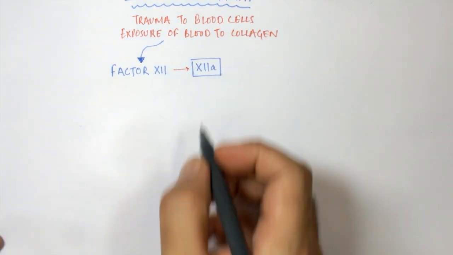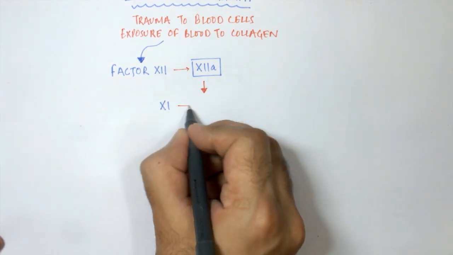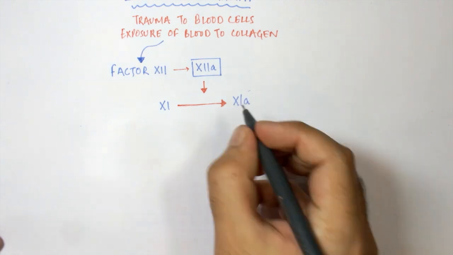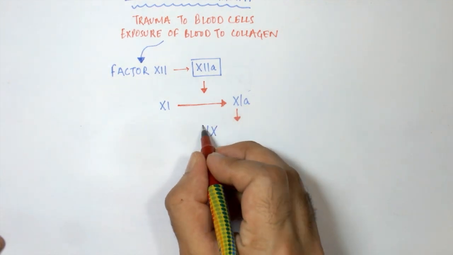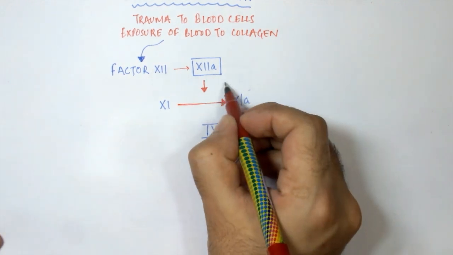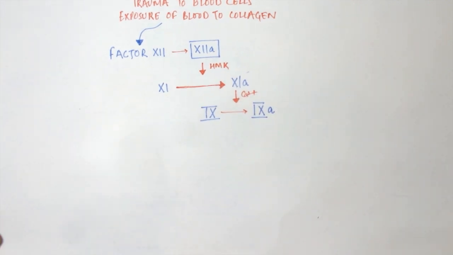So when factor number 12 is activated, it acts upon factor number 11 and causes its activation, that is 11A. And this 11A factor acts upon factor number 9 and forms factor number 9A. And these reactions require some cofactors such as the high molecular weight kininogens and the calcium ions.